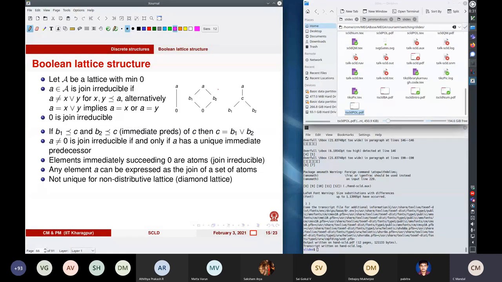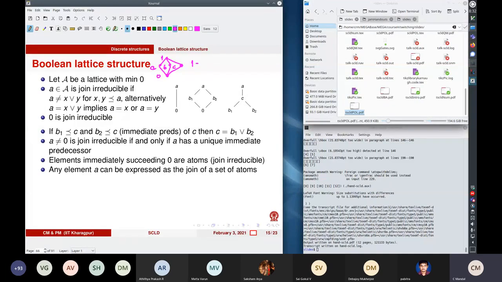Okay. Now, in the case of a diamond lattice, you probably remember the structure of a diamond lattice. You can see this element 1, this element 0.